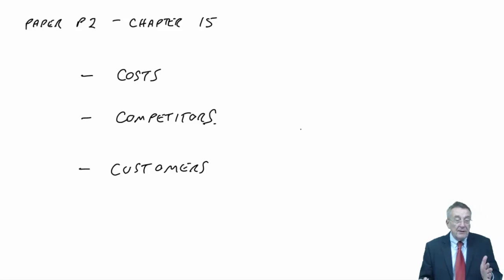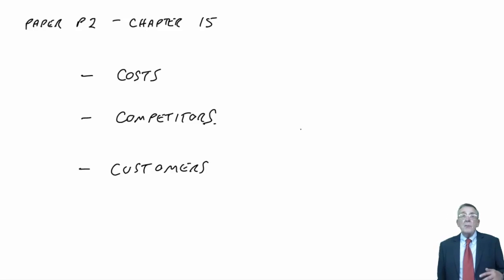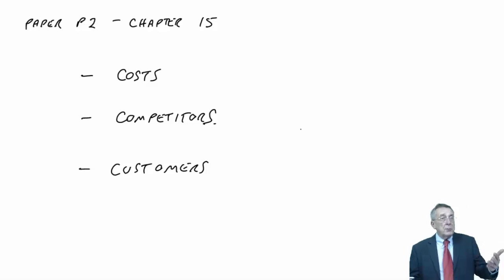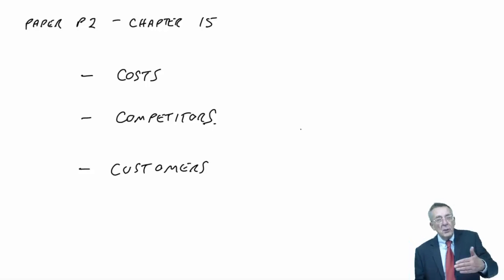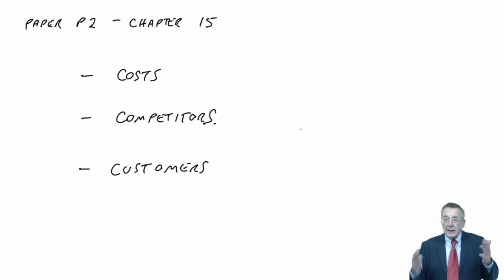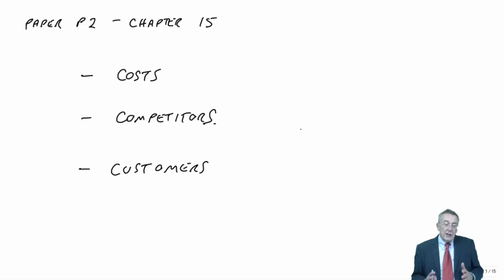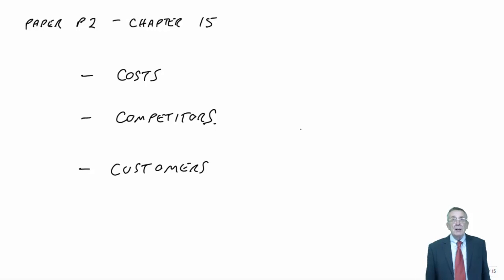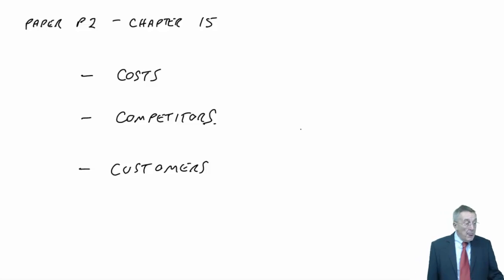We'll come to look at each of these separately shortly, but certainly customers in the sense that for many products, the higher the price, perhaps the less they'll buy, the lower the price, the more they'll buy. Well, that's again something we need to take into account. So it's really those 3 areas that need to be considered when determining the selling price.